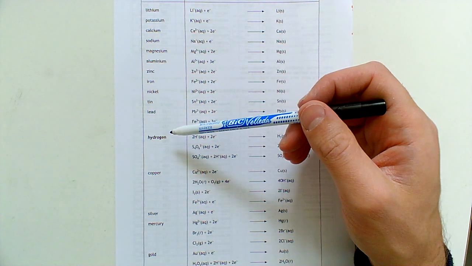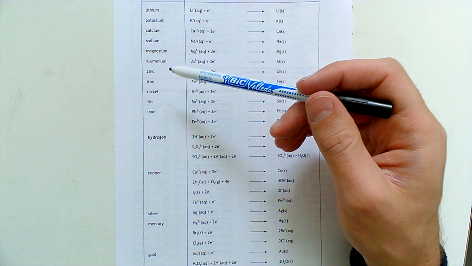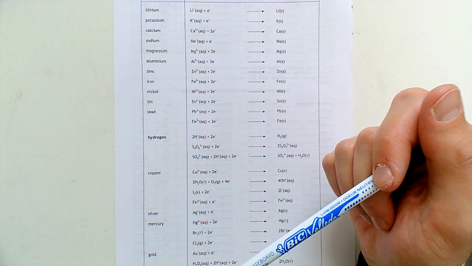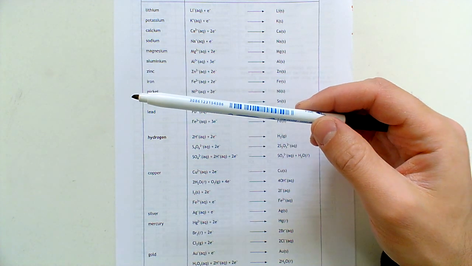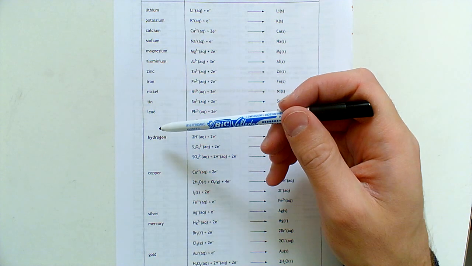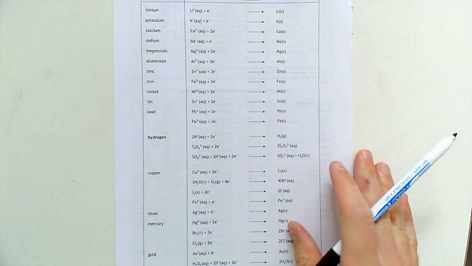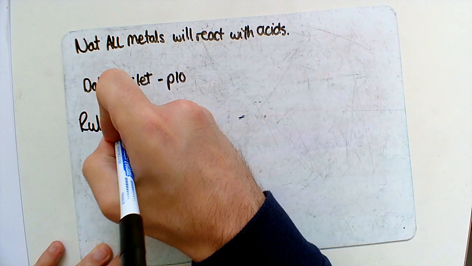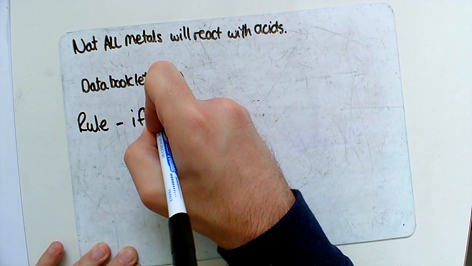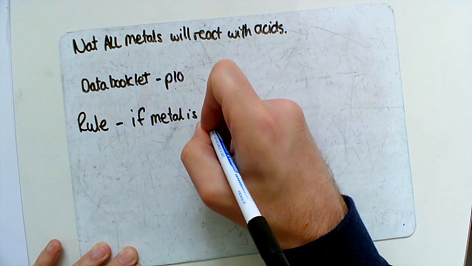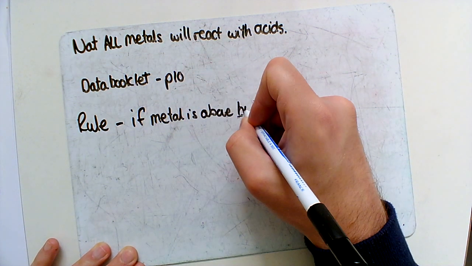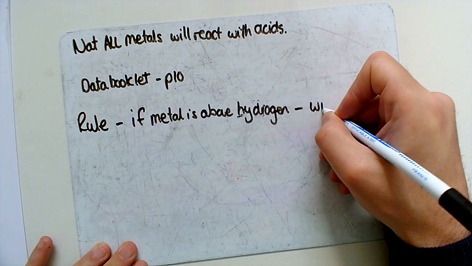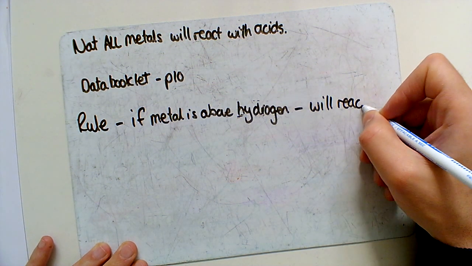And the rule is, if the metal is above hydrogen, it will react. If the metal is below hydrogen, it will not react. So that's quite easy. If it's above, it will react. If it's below, it will not. So our rule is, if metal is above hydrogen, it will react.